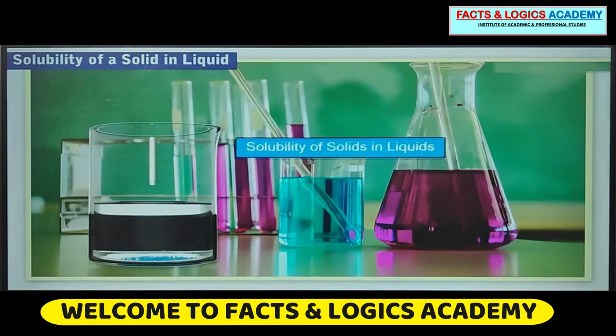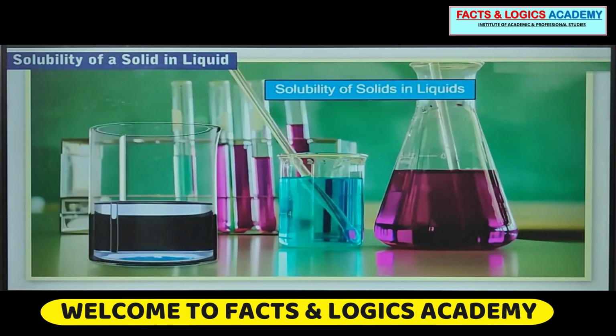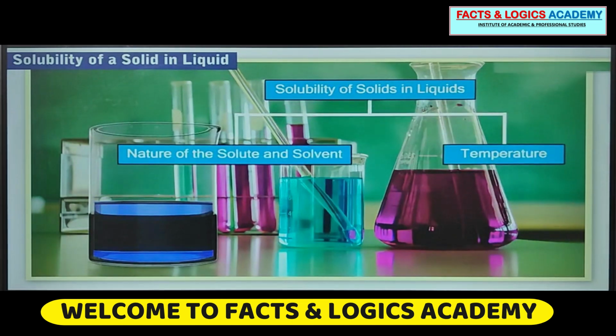The solubility of solids in liquids depends upon two factors, namely the nature of the solute and solvent and the temperature. Let's discuss how solubility depends on the nature of the solute and the solvent.